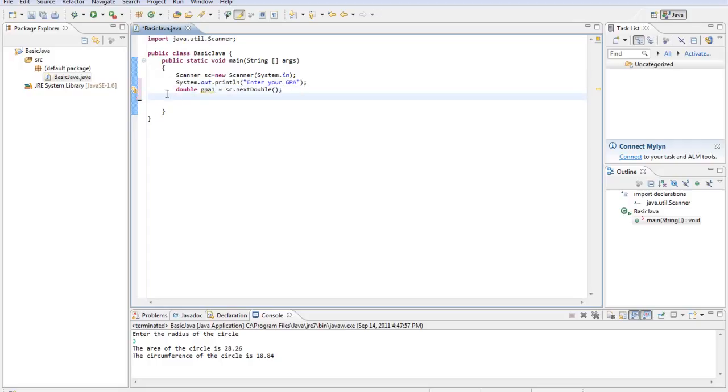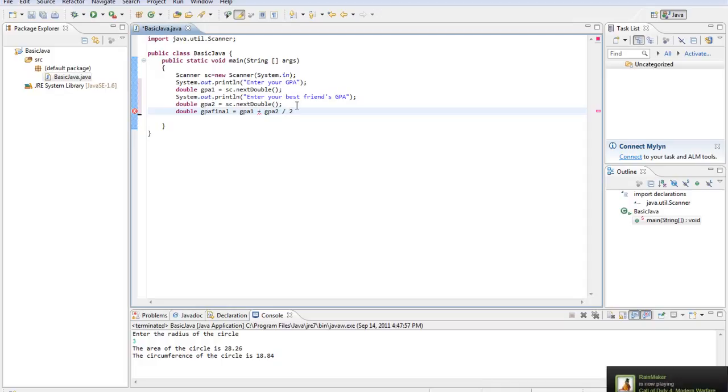We'll do that again. System.out.print enter your best friend's GPA. GPA2 equals sc.nextDouble(). Then we're going to do double GPAFinal equals GPA1 plus GPA2 divided by 2.